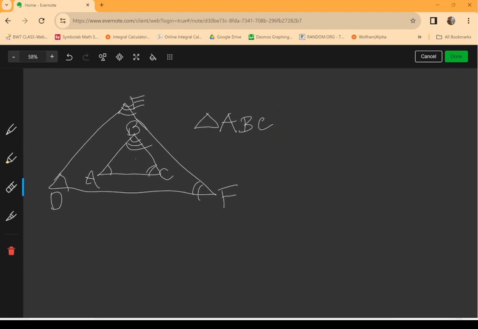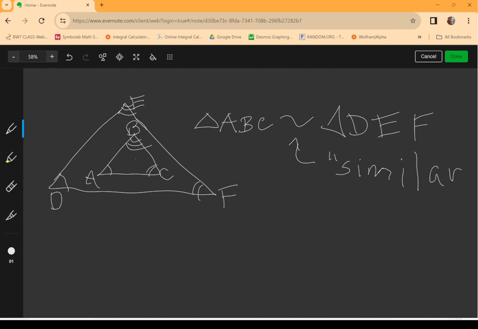We use this little squiggly line, the tilde, to establish the relationship of similarity.